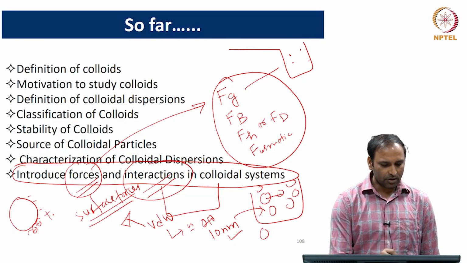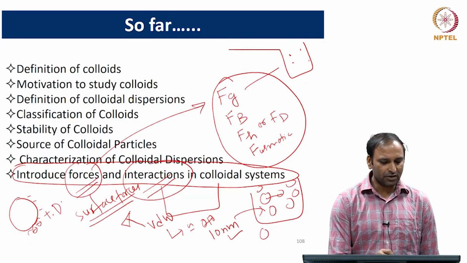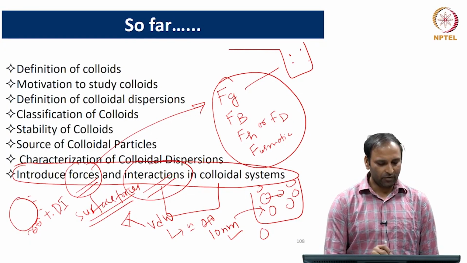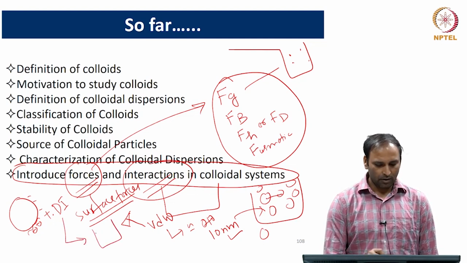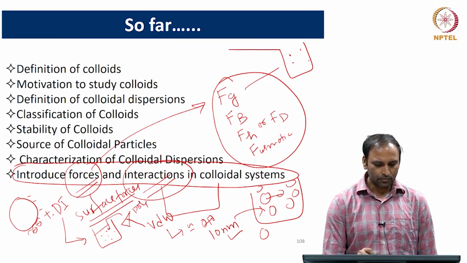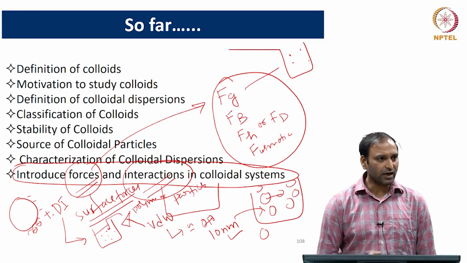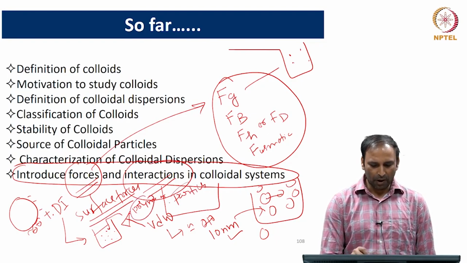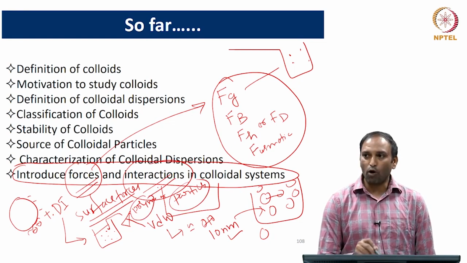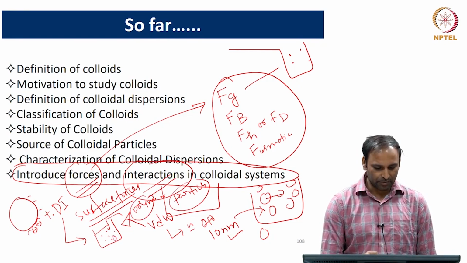Then we also mentioned something called depletion interactions. Okay. And we mentioned that such interactions would only come into the picture whenever you have colloidal particles in a fluid, and to that you add a polymer or any particles such that the size of the polymer or the particle that you have added is much smaller than the particles which make up the dispersion.